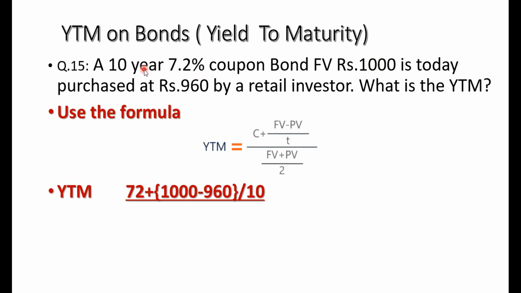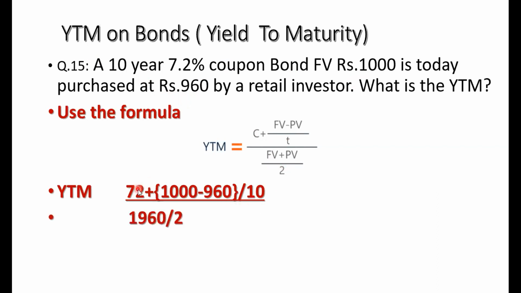Sometimes they will give 5 years, divided by 5. 8 years, divided by 8. So 10 years means divided by 10. Plus average. Average means what? 1,000 plus 960, 1,960 divided by 2, 980. Very easily you can get it.